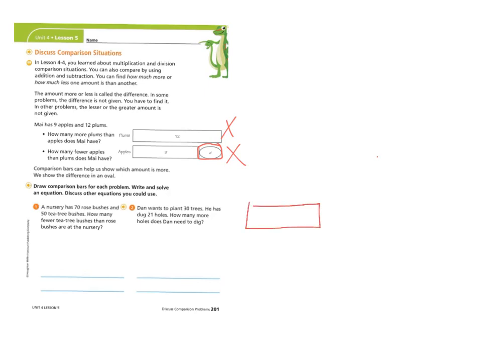Here we go. 70 rose bushes. So I'm going to do R for rose. 70 rose bushes, and my handwriting is not good on here. I'm sorry. I hope you can read it. Tea tree bushes. There we go.